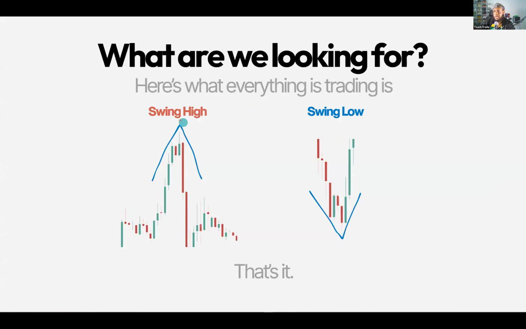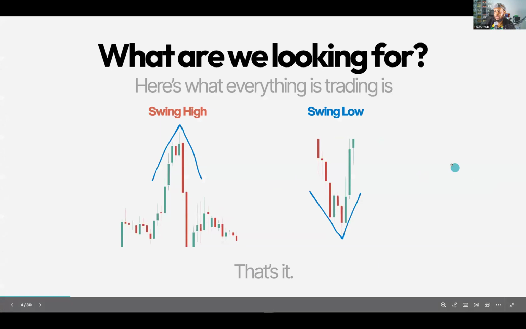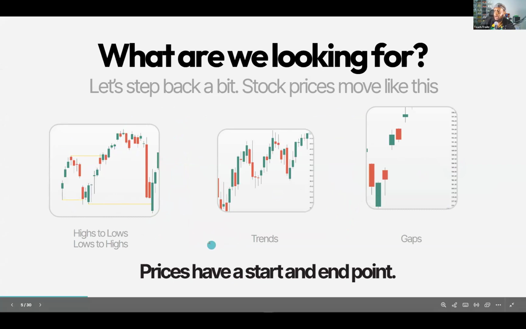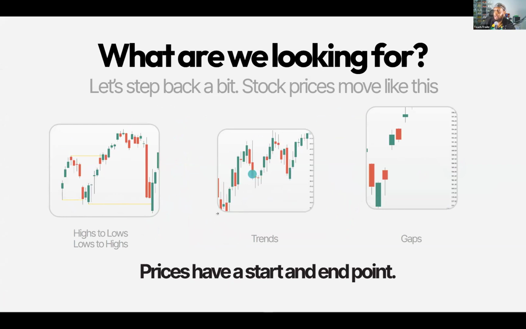And things that we're looking for in general, there's some basics. We're looking for swing highs, swing lows, and how price is reacting to those. As we can see, those swing highs and swing lows sometimes form barriers or a range, and we're looking for price to break that range. Sometimes we're looking for trends: higher lows, higher highs, lower lows, lower highs, gap fills or gaps that could potentially be filled.